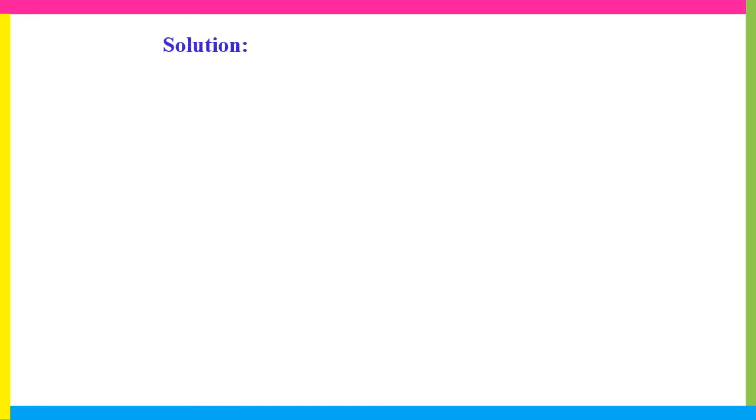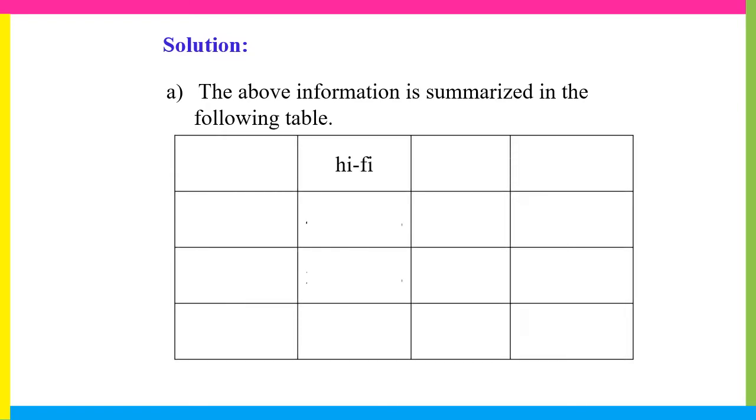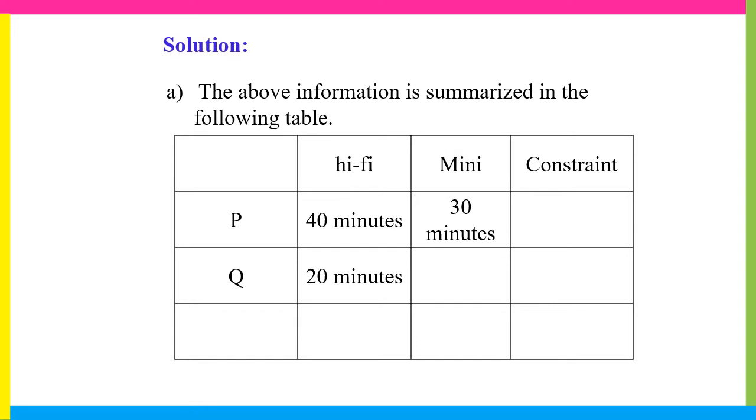First of all, the above information is summarized in the following table. So for hi-fi and mini, they said that machine P can produce hi-fi in 40 minutes and mini in 30 minutes. But for Q, hi-fi can be produced in 20 minutes and mini can be produced in 35 minutes.